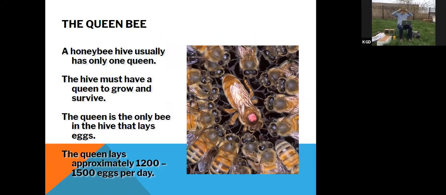And so now we're going to go to the next slide, and we'll break down the queen. Typically, a hive has one queen. There are some unique cases where more than one queen will be in a hive, but generally speaking, we should only anticipate one being in there. One of her main functions is her pheromones, her perfume, her scent, which helps keep order in the hive.